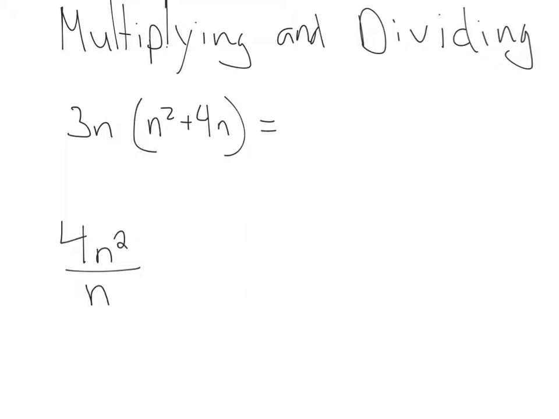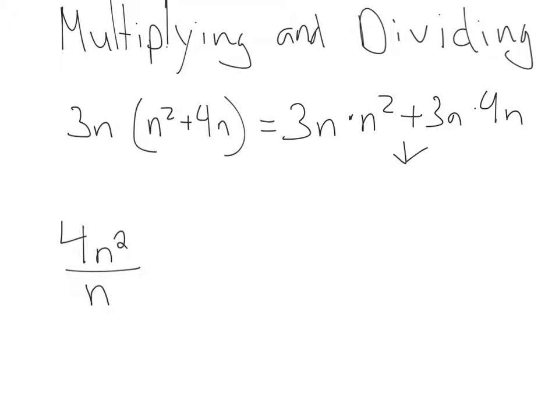So, we do that. It looks like 3n times n squared plus 3n times 4n.